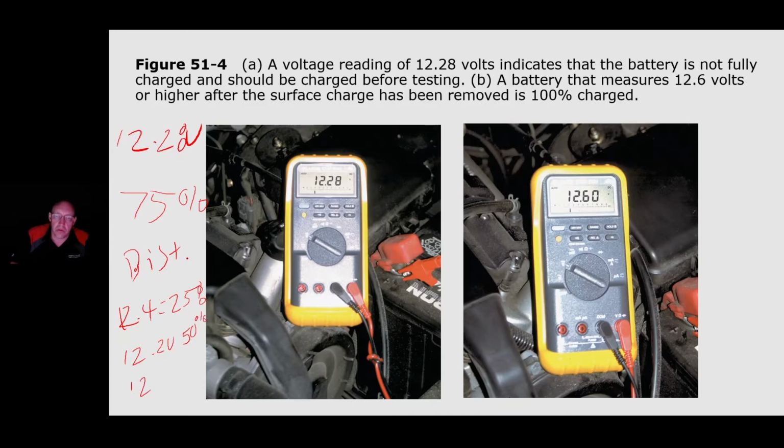And 12.0 volts means that 0% of that battery in the way of a state of health or state of charge. For whatever reason, this board does not like me writing zeros.